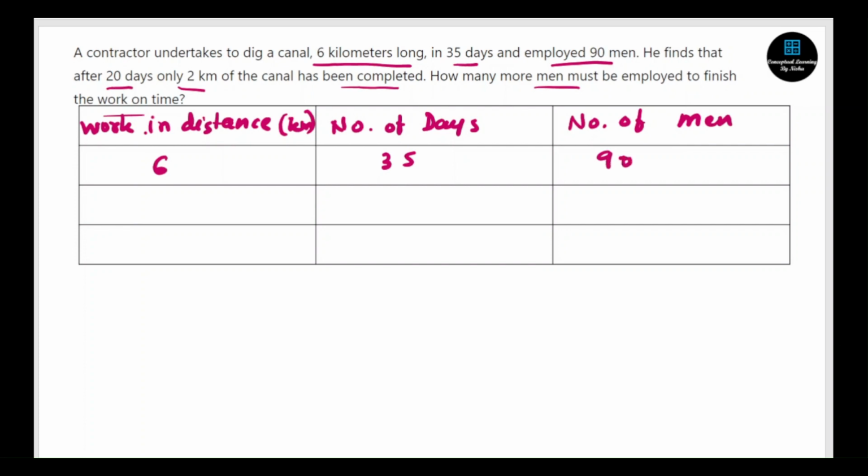But in actual, what is happening after 20 days? In 20 days, 90 men have completed only 2 kilometer. So this is the reality.